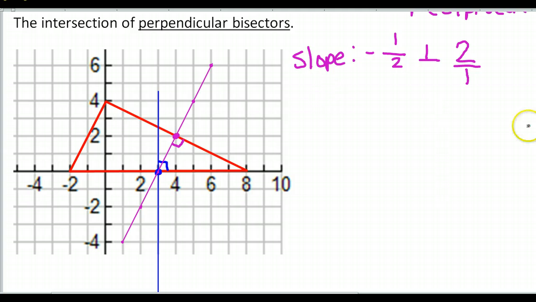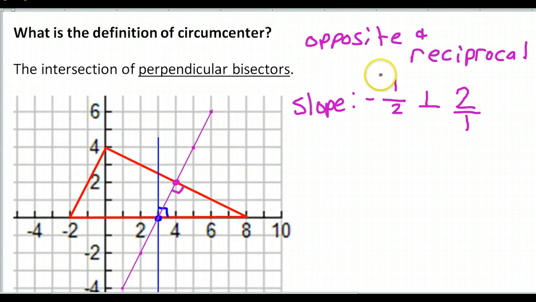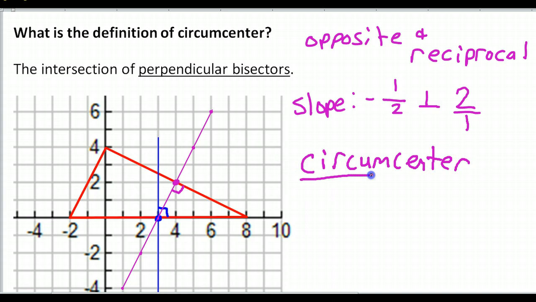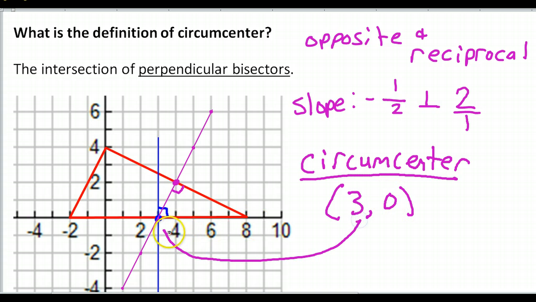So we've answered the question already. If I was looking for the circumcenter, I found it. So the coordinates of the circumcenter would be, in this case, 3, 0. Okay, it's right there.